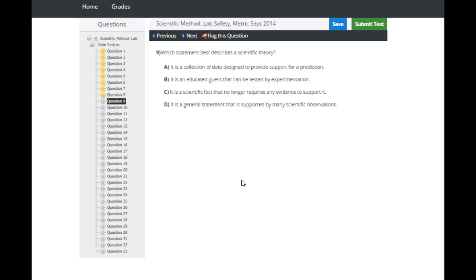Well, they used to refer to it as an educated guess, but let's see what else they have here. C, it is a scientific fact. Is it a fact that no longer requires any evidence? Oh, no, no, no. How about, let's look at D. It is a general statement that is supported by many scientific observations.